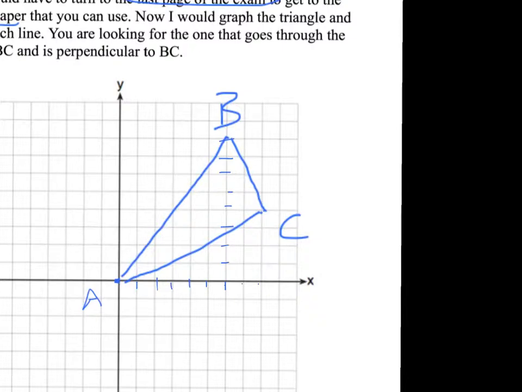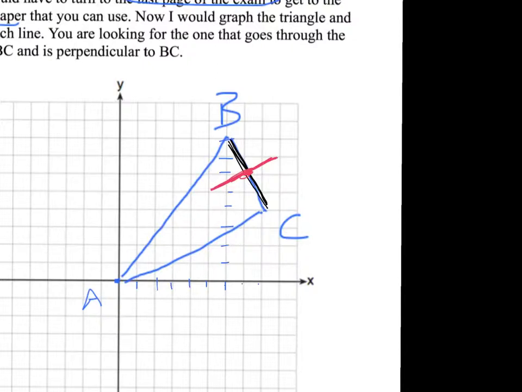Okay, so we need to find the perpendicular bisector of BC. If it's going to be a perpendicular bisector, then it has to go through the midpoint of BC. Perpendicular bisectors do two things. They go through a midpoint and they create a perpendicular segment. So we know that the line we're trying to create goes like this.